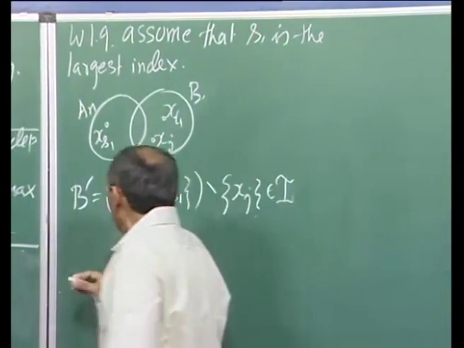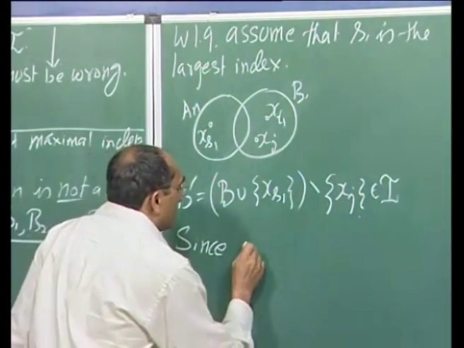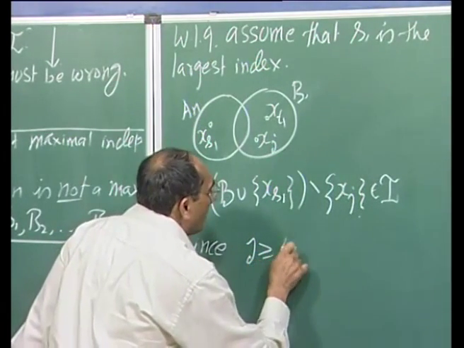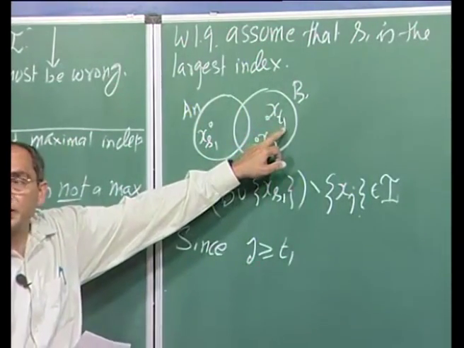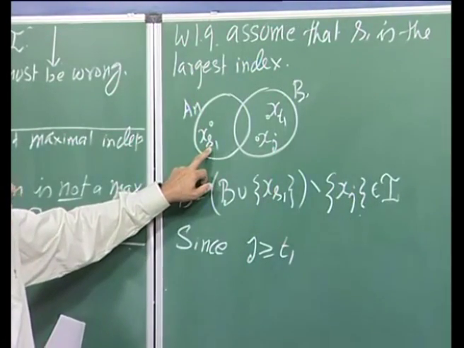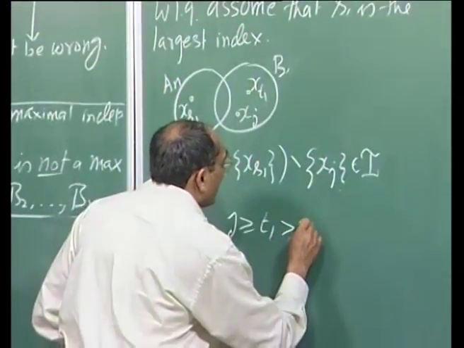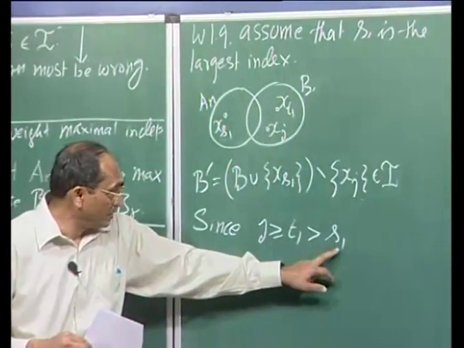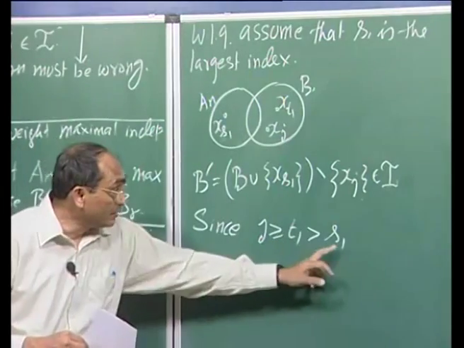Now, since j is greater than or equal to T1, because by choice T1 was the smallest index in this region, and we have already proved that S1 is less than T1, we have j greater than S1.